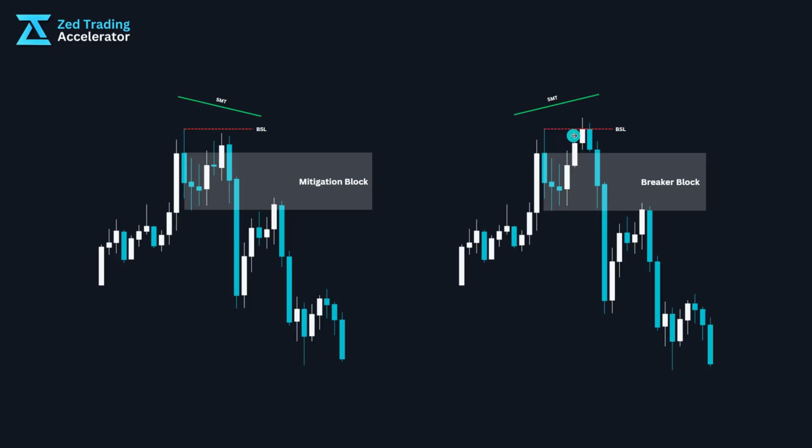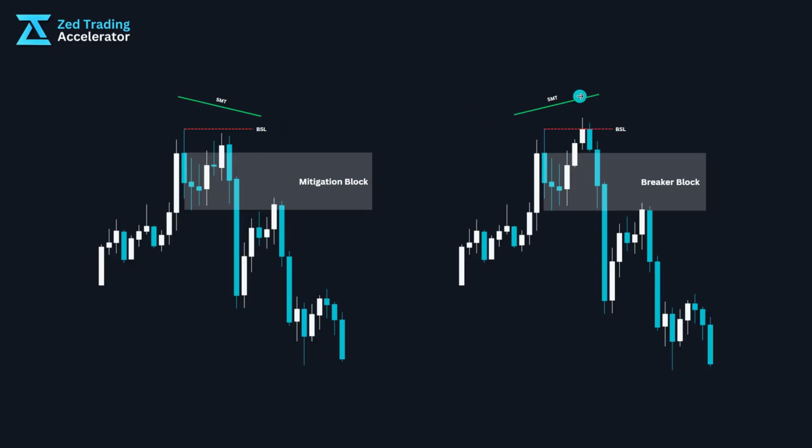This pair right here only took out this buy-side liquidity as a liquidity grab, and this pair right here shows us that it's not willing to go higher. As we can see, we have a crack in correlation.